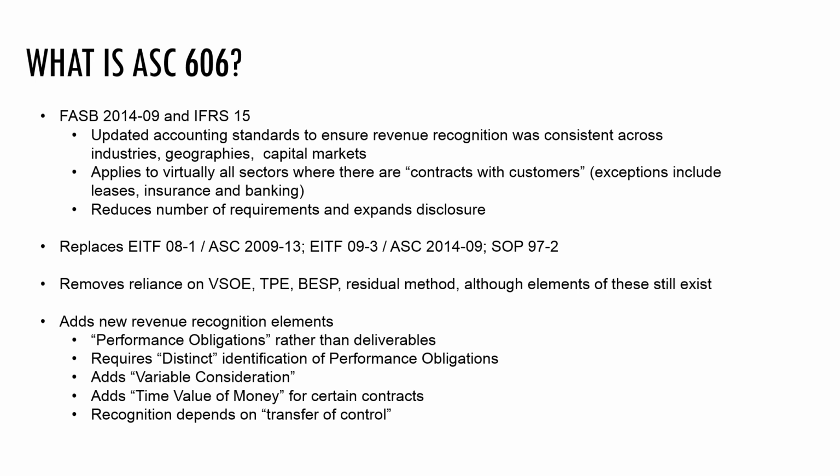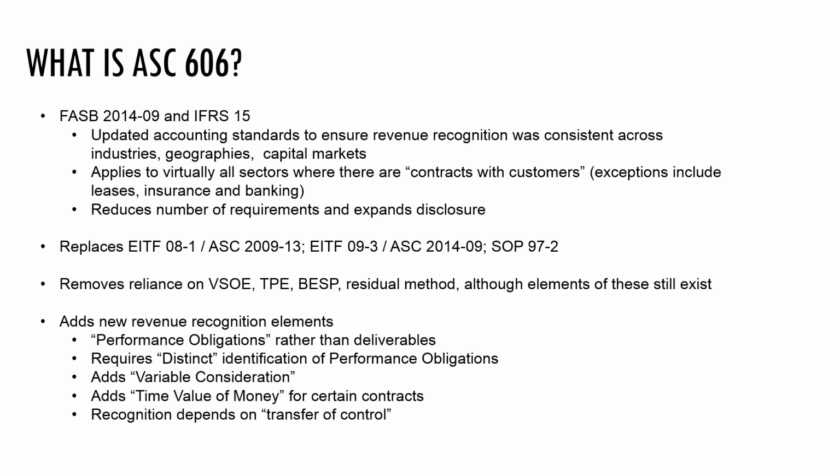It's going to add some new revenue recognition elements. The current standards talk about deliverables, right? You recognize revenue based upon the deliverable and the timing of that deliverable and so on. That phrase has gone away. It's been replaced with performance obligations. So what are you entitled to do based on the terms of the contract? And we'll get into more detail on all of these.